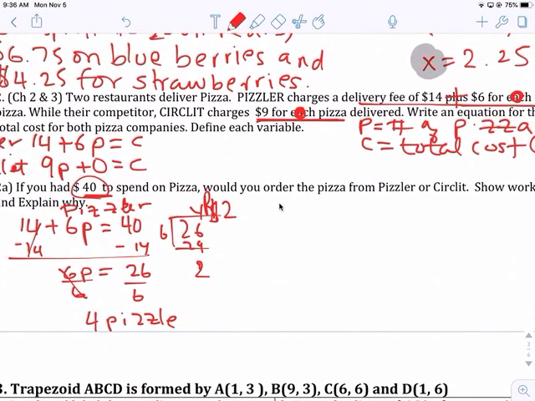And for Circlet, you have 9p equals 40. You don't have to put the 0 because there's no delivery fee.